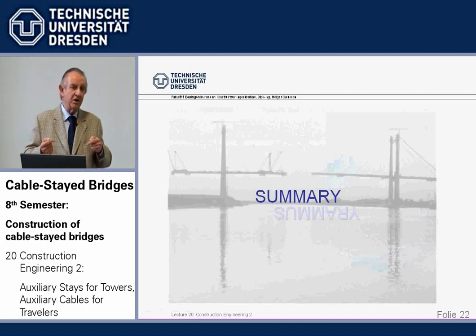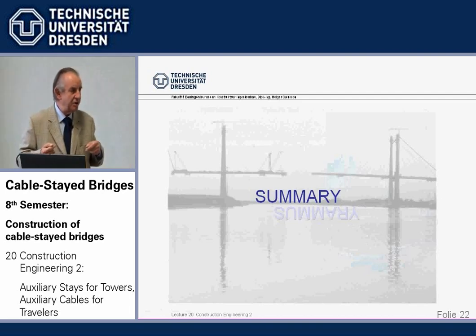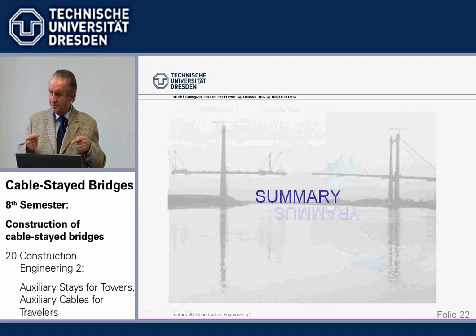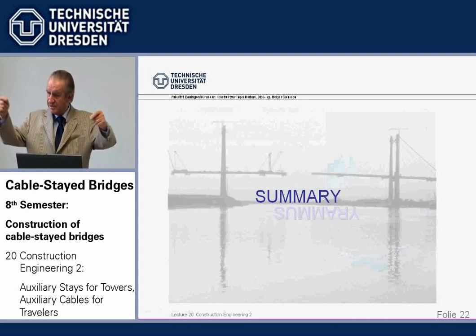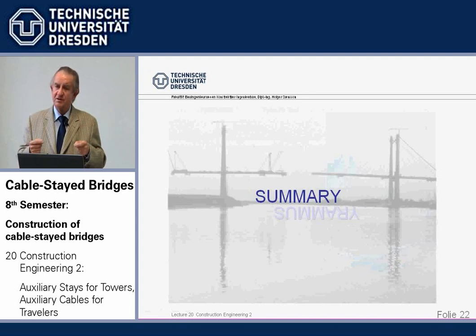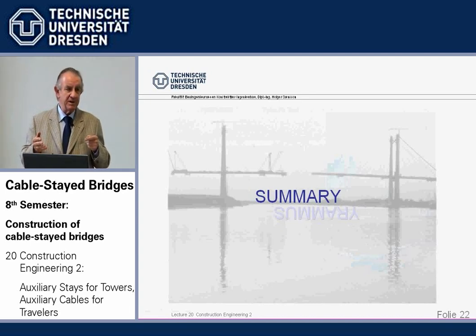In order not to overload the beam tip during lifting of elements, we may have to use some auxiliary tiebacks to relieve the beam tip of the weight of the element being lifted. For the construction engineering, this only means the loads we have to put onto the beam are reduced. That's all the beam knows of that.